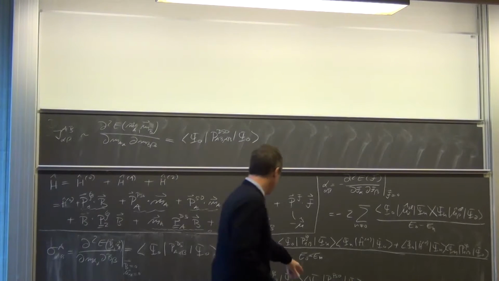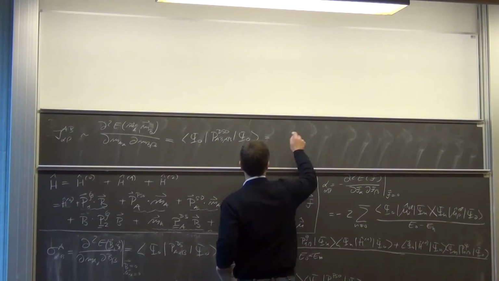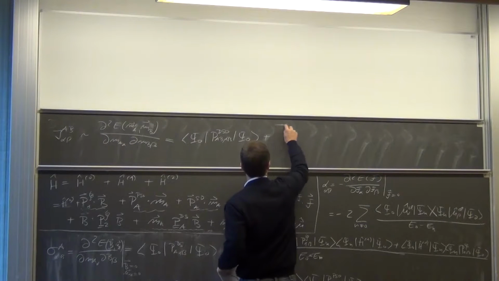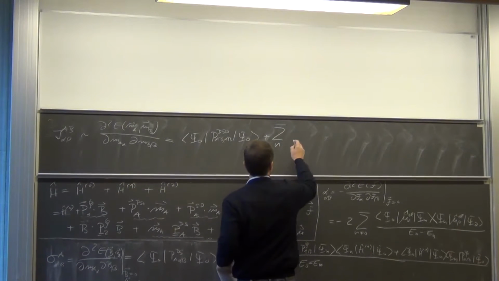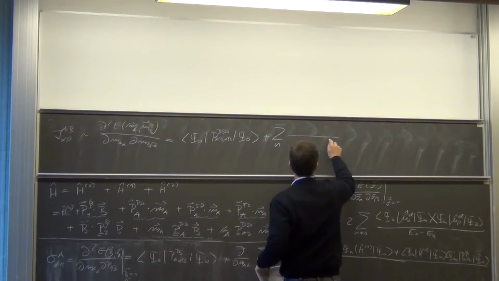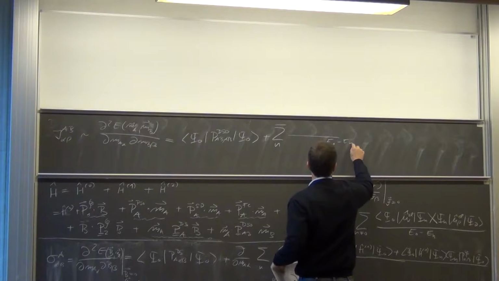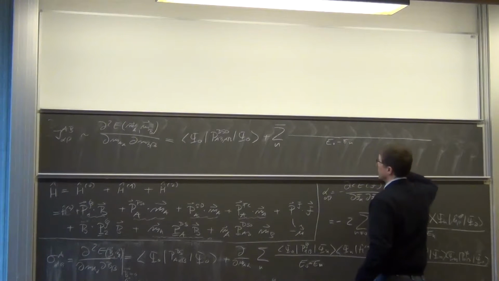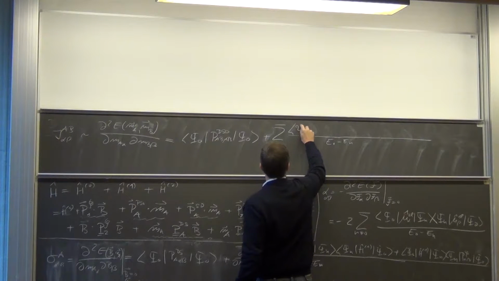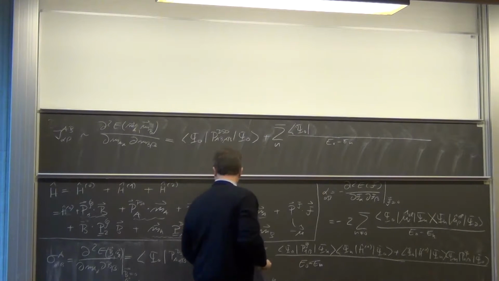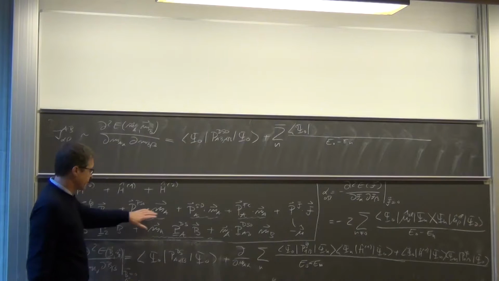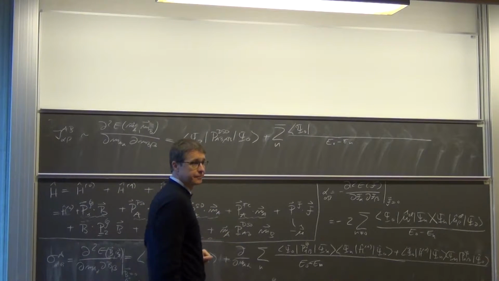And then I get a similar term like this, plus sum of all excited states, E0 minus En. And then I get psi 0. And now I get all three of them in principle.